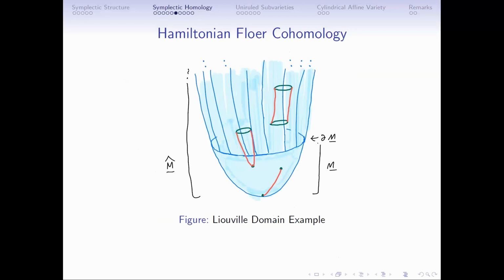On the loop space we consider the height function, the critical elements are Hamiltonian orbits, right? Some constant, some non-constant, and the gradient flow trajectory, a perturbed Cauchy-Riemann equation, is a pseudo-holomorphic cylinder connecting two orbits.